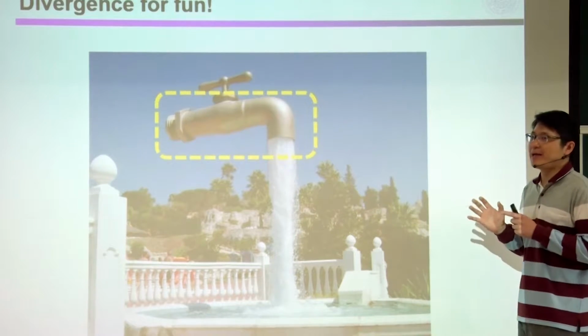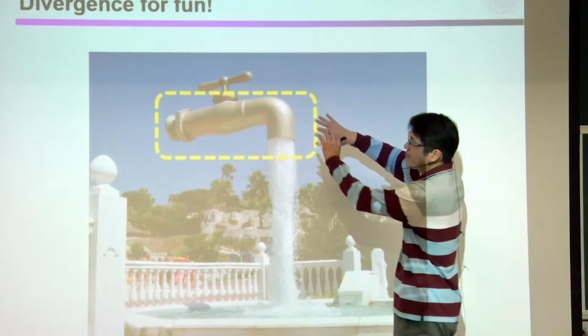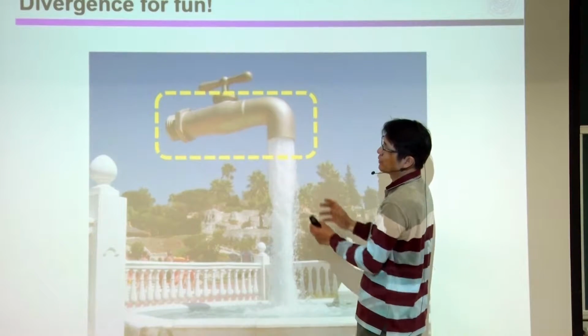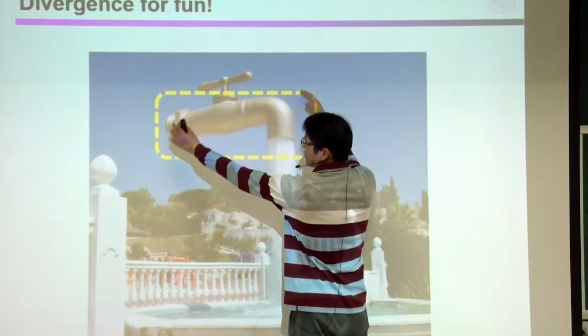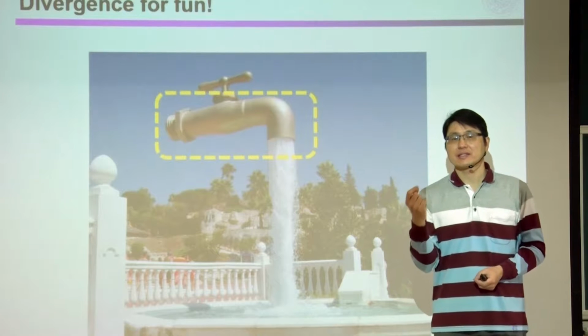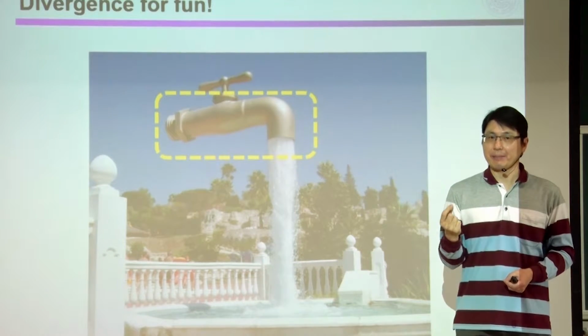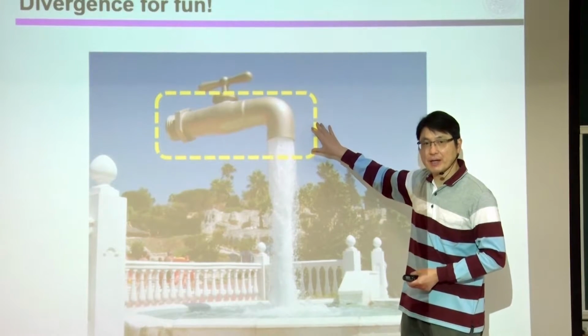If I ask you to calculate something, for example, I have a three-dimensional box surrounding this entire outlet, and I ask you, what is the net flow of water coming out of this yellow box?